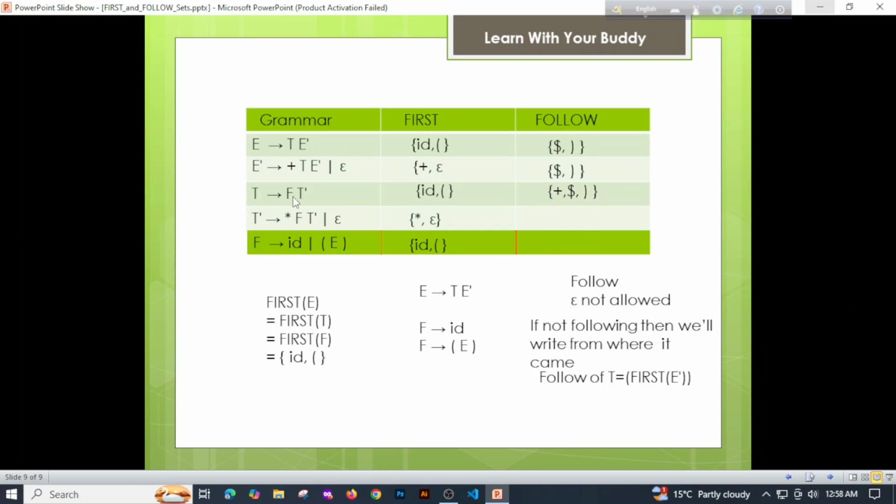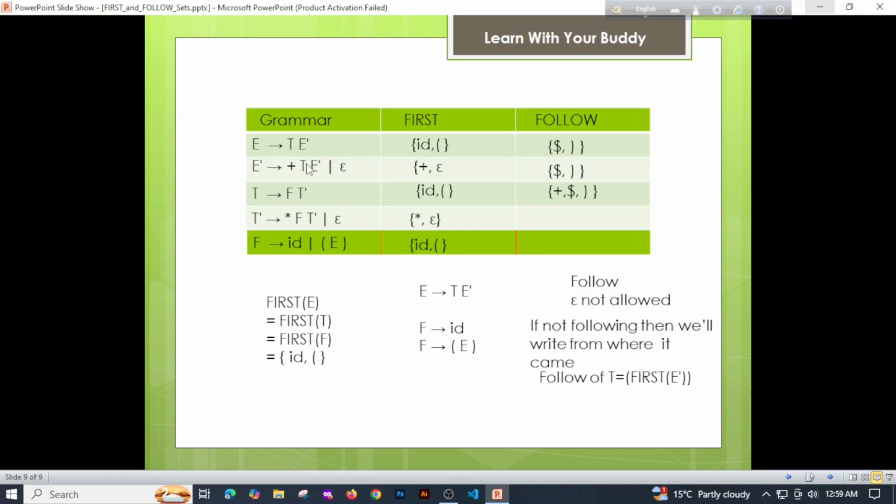For that E prime we are going to the previous E prime, and for that reason we are writing the same follow that we have written for the first one. Here we have the same follow for the first E and for the next E prime.